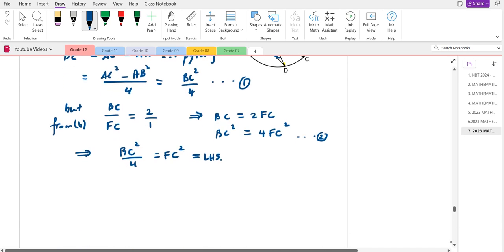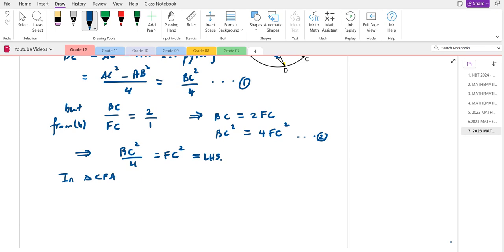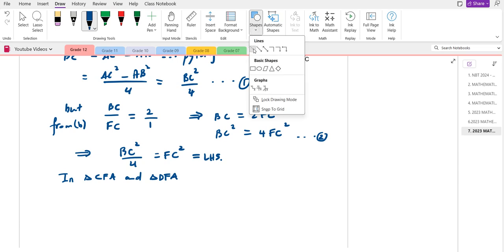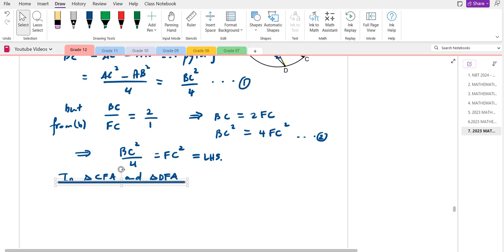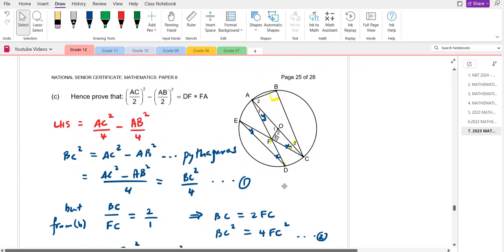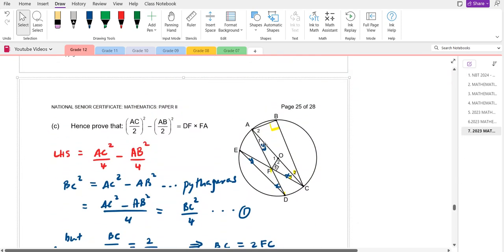So next, in triangle CFA and triangle DFA, I want to prove another similarity here because we're working with those lines. In triangle CFA, the order, and DFA.